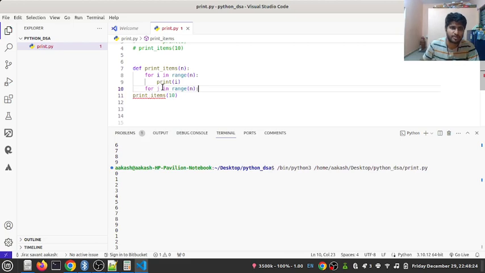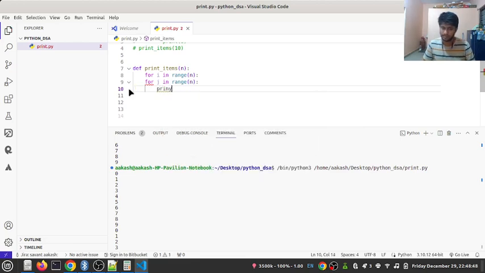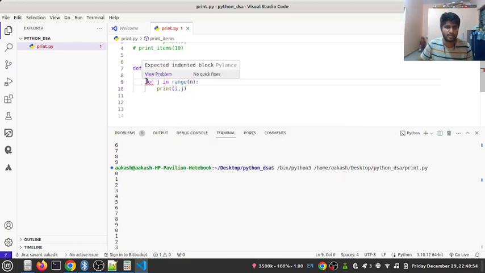We'll write for i in range of n, for j in range of n. So we are printing both the elements: print i comma j.